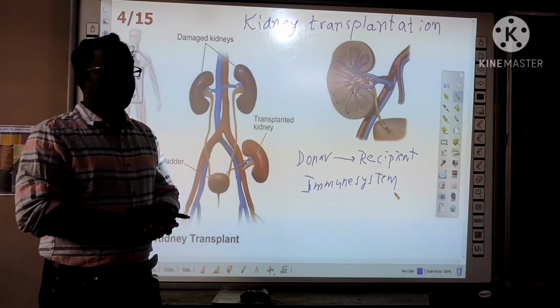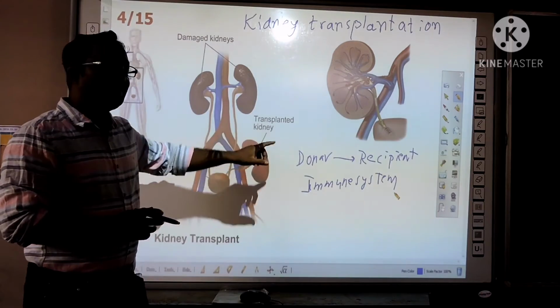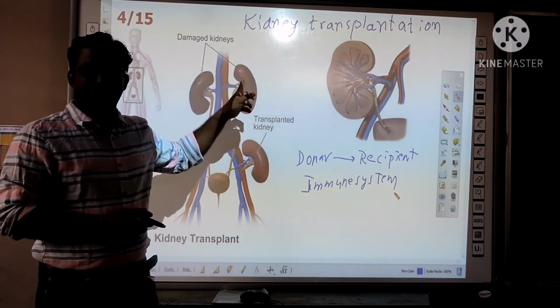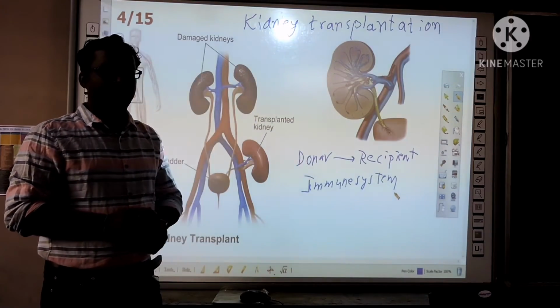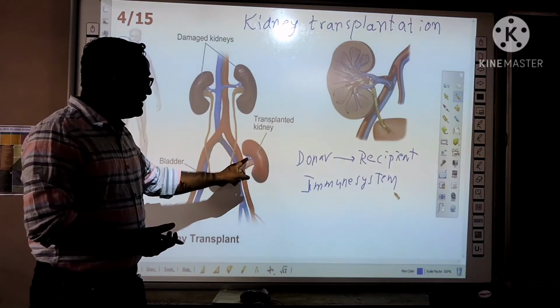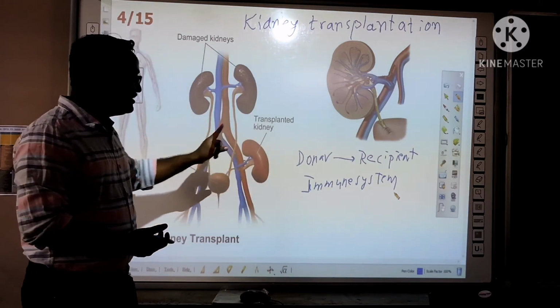When the doctors separate the kidney from the donor, they separate the kidney along with the ureter and the blood vessels, both renal artery and renal vein. They connect the blood vessels of the donor kidney to the recipient's blood vessels.